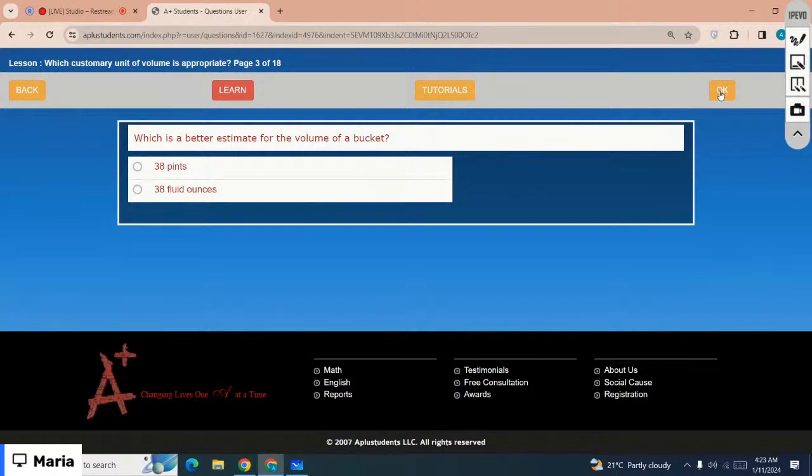Which is the better estimate for the volume of a bucket? So which is the correct option? 38 pints or 38 fluid ounces? So that is the volume of a bucket, right?